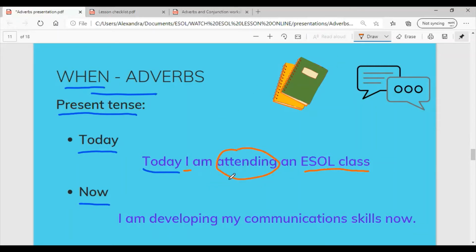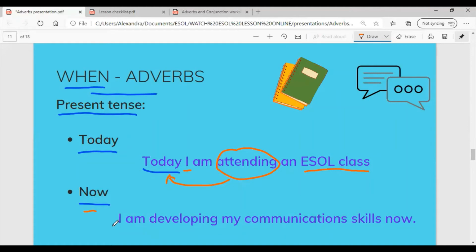And this is where our adverb comes into play, as the adverb today tells us when the person is attending the class. So today is our adverb and attending is our verb. So today is telling us more about the verb. Okay, so now if we look at this adverb now in this sentence, we've got "I am developing my communication skills now."